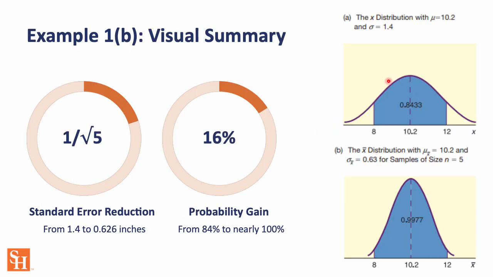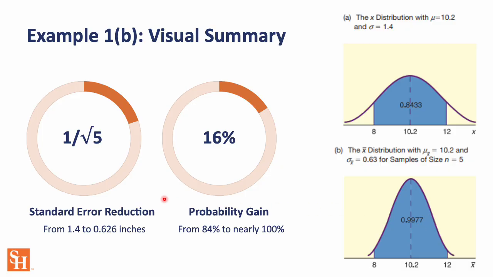We can also present this information graphically. For the individual trout, the length of a single trout will fall between 8 and 12 with probability 0.8433. For the sample mean, the mean length of the trout will fall between 8 and 12 with probability 0.9977.